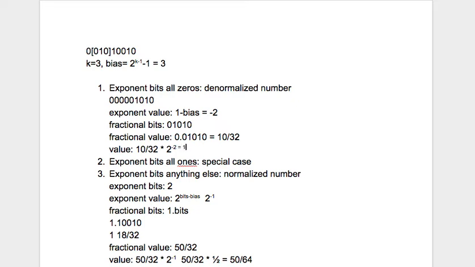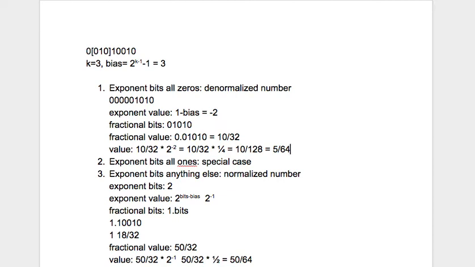So that is 10 over 32 times 1/4, which is equal to 10 over 128. That's 32 times 4 is 128. And again, we could simplify that further. I guess in this case it's just 5 over 64. But that's the end result for a denormalized number.